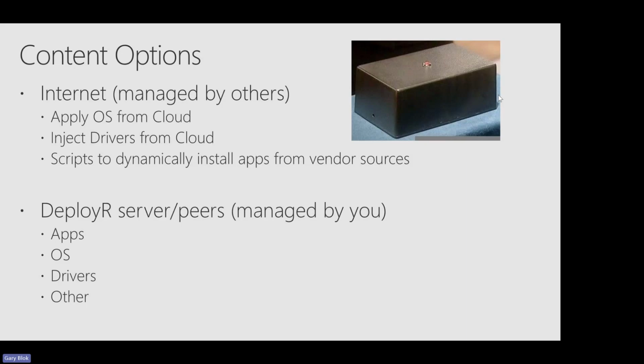So if you have your WIM files, or whether you're using the monthly media that Microsoft releases for Windows 11, or even some of the Windows 10 LTSC versions, you can go ahead and upload those to DeployR, which the LTSC versions you're not going to find on the Microsoft CDNs. So you will actually need to upload those.